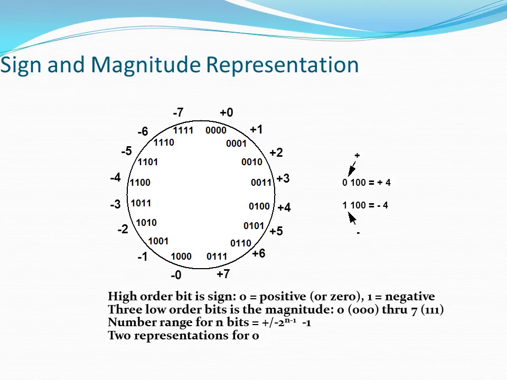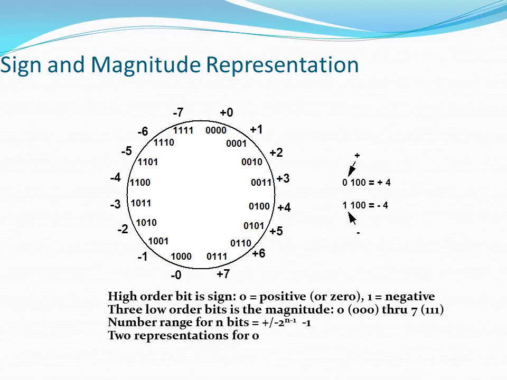Here we have a graphical representation of sign magnitude representation for positive and negative numbers. Here n is equal to 16, which means we have 16 combinations. These 16 combinations are represented in the inner circle, and on the outer side we have plus 0 to plus 7.